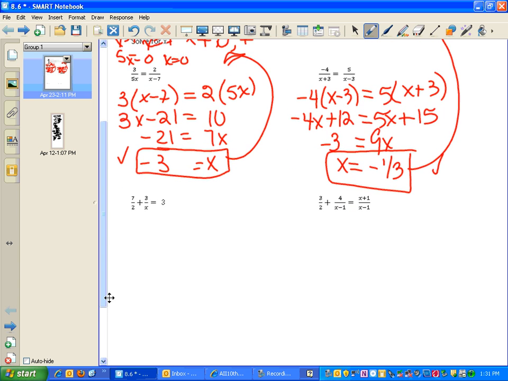Okay, is this a problem that I can cross multiply with? I have an addition. I have 2 fractions on one side. If I cross multiply, it's fraction equals fraction. So even if I move one of these fractions to the other side, it's not really going to make it much easier.